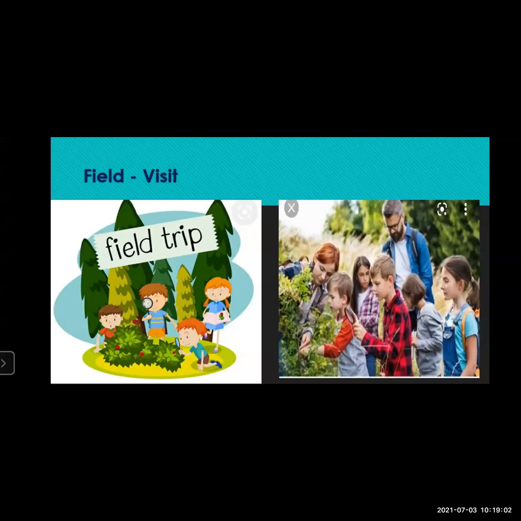Here also you can see on the slide that some students are observing the nature carefully. Now a lot of things are there in nature to be observed and studied. If we don't observe it carefully, we don't understand the natural magic.